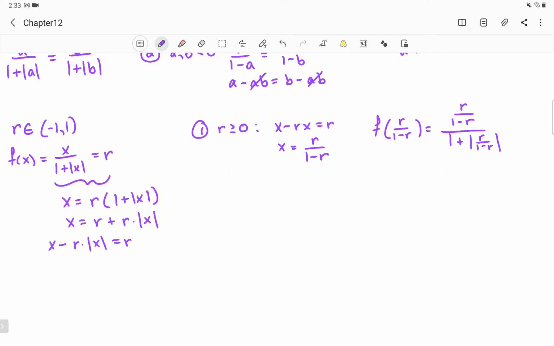Since r is not negative, but r is between -1 and 1, 1 minus r is positive.